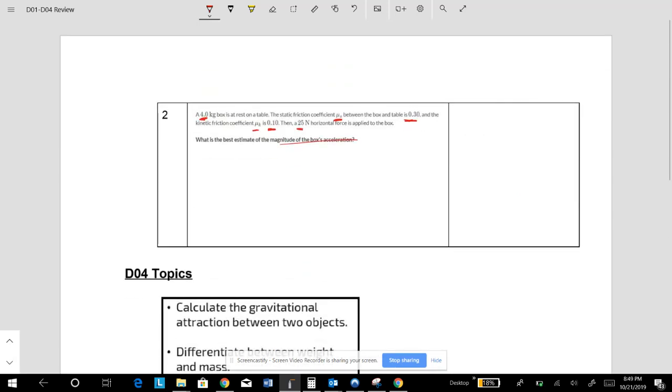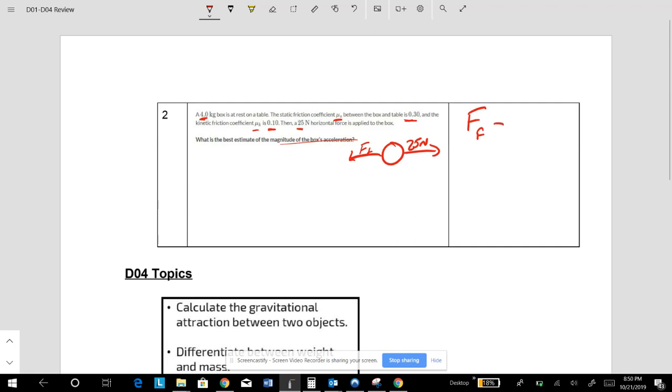So if we look back at this problem, we have a 25 Newton force applied. What is the best estimate of the box's acceleration? So we have a box. Well, that's a circle, but still in our world, it will be a box. It's moving with a 25 Newton horizontal force. We're looking for our friction force. So we're still using this equation.